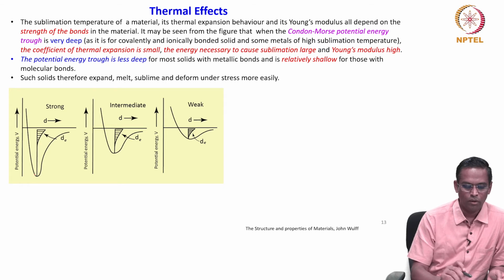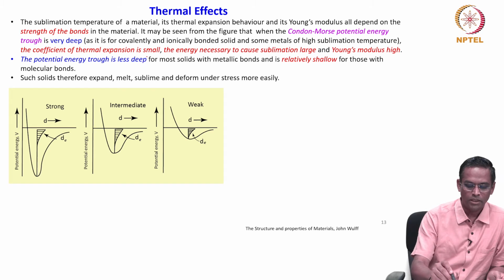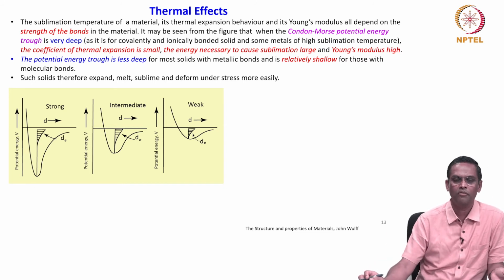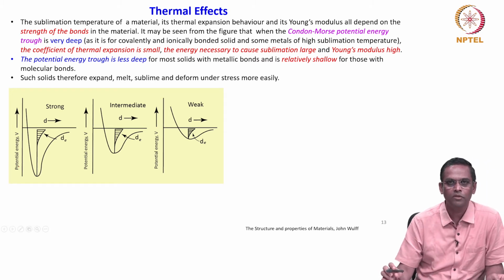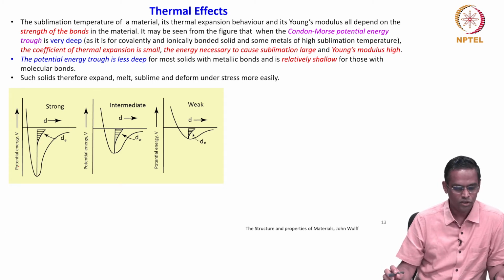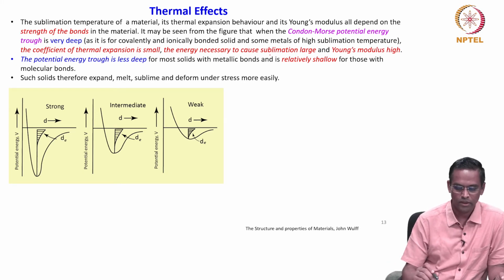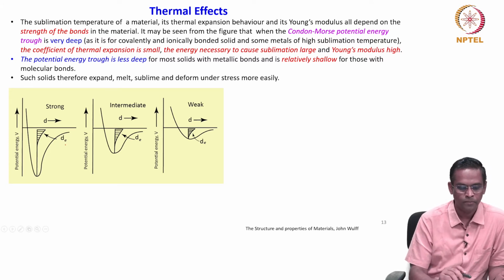Similarly, the coefficient of thermal expansion is small, the energy necessary to cause sublimation is large and Young's modulus is high. So, these are the characteristics when you have this potential well diagram. By just looking at the potential well diagram, you will be able to relate thermal expansion coefficient, energy required to cause sublimation and Young's modulus. So, they will be very high for a material of this nature.